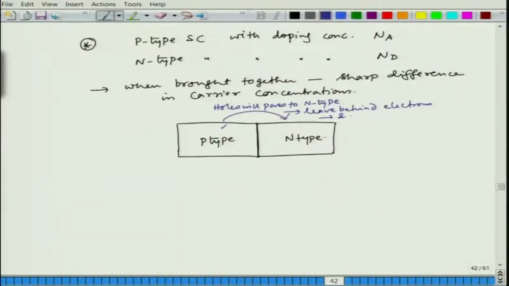So, when the holes travel to the other side, now they will leave behind those electrons, and that means near the junction there will be a layer of electron rich domain, right.